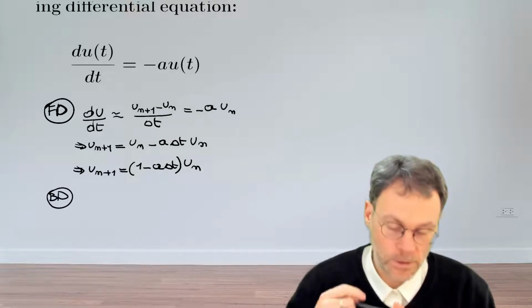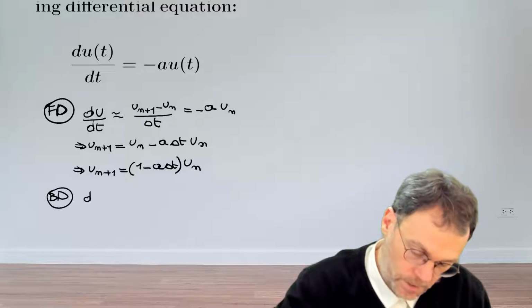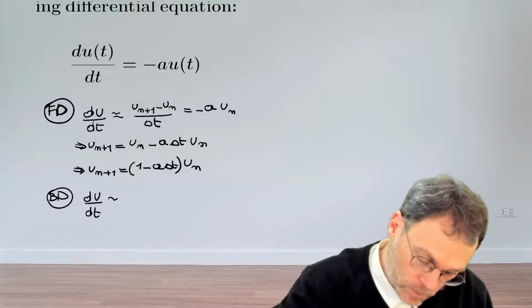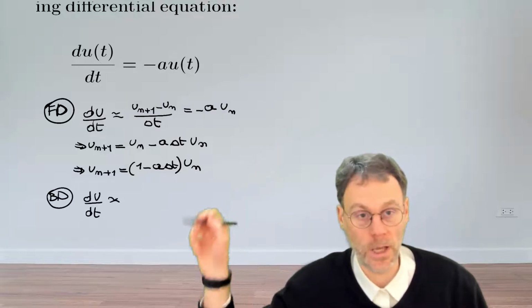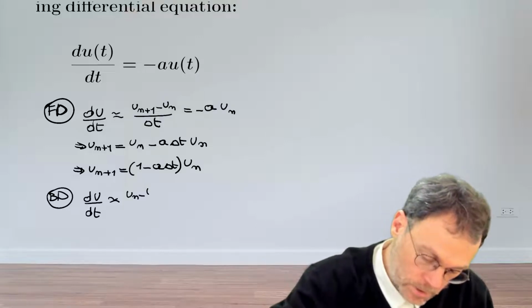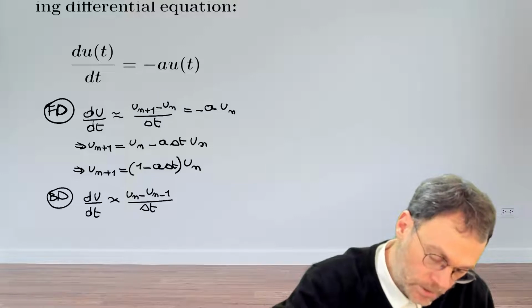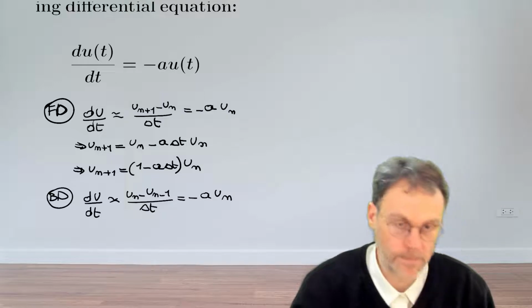For the backward difference approach, if we approximate our derivative du/dt at time step n, we don't look towards the future and the current point, we rather use the current point and the past point. So this becomes u^(n-1), and again, we divide by delta t, equal to minus a u^n.